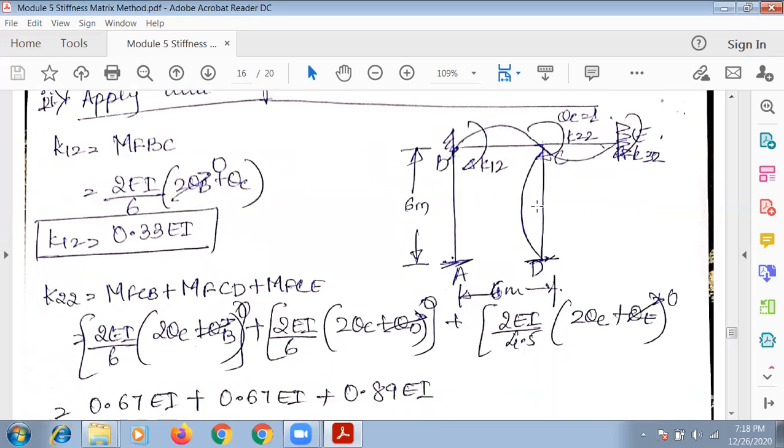Next, K22. K22 is MFCB, MFCD, and MFCE, all three, because it's connecting all three members, and all three members are getting deflected.